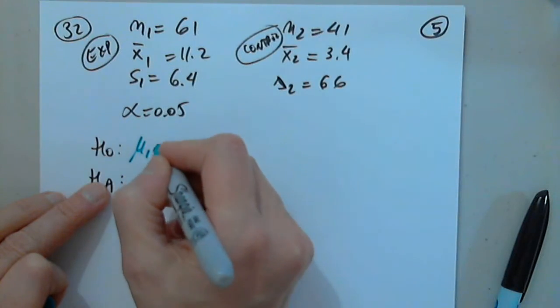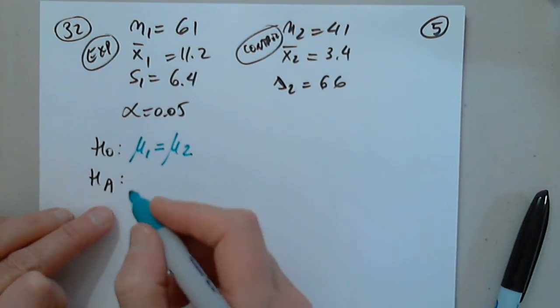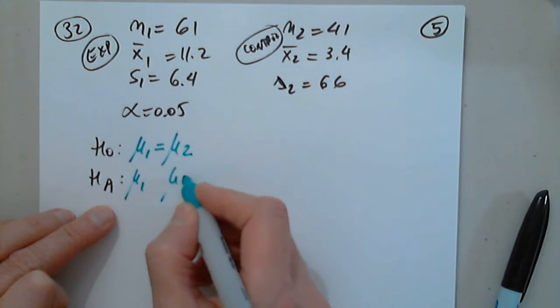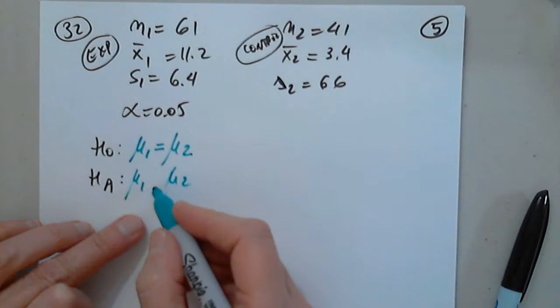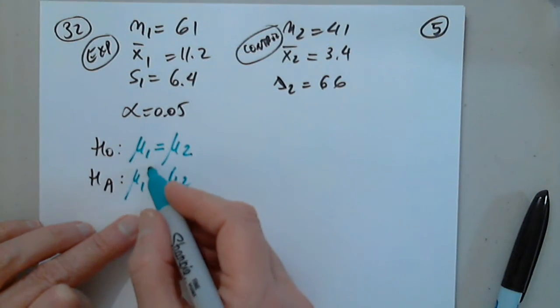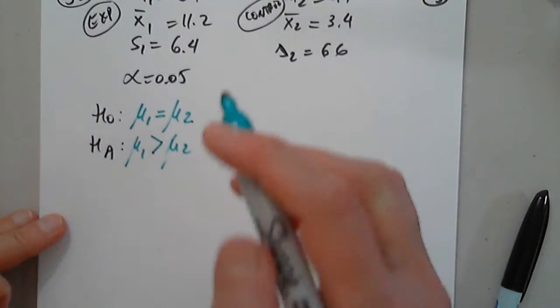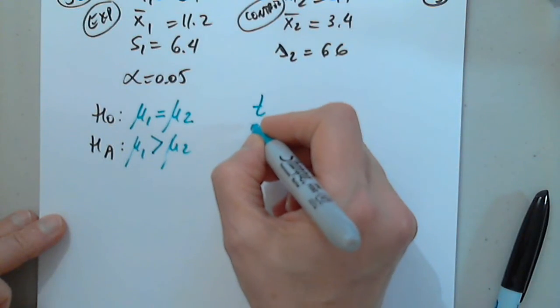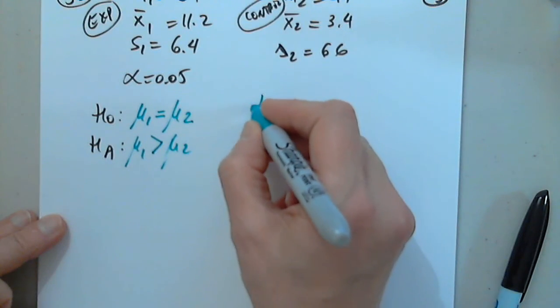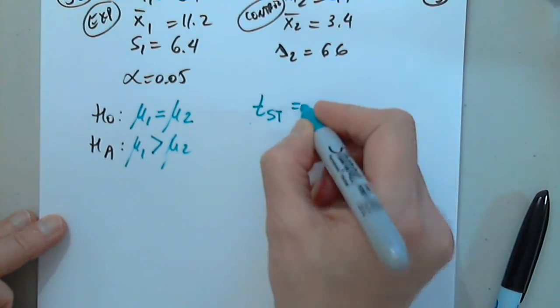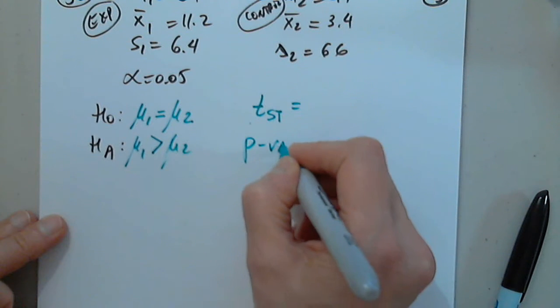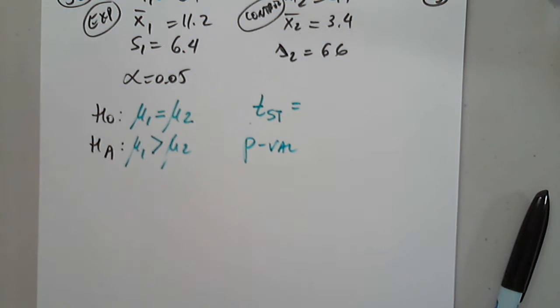So mu1 equals mu2. Is it greater than? Excellent. One tail test, upper tail test. Do we determine T or Z? T. Very good. So let's determine T statistic and then the p-value. Done. Great job.